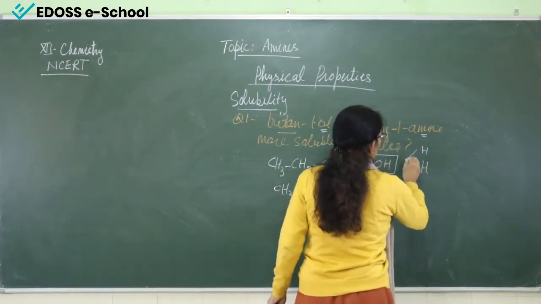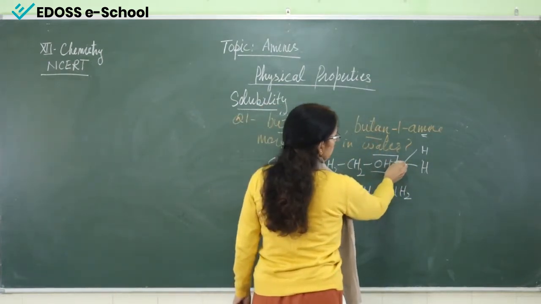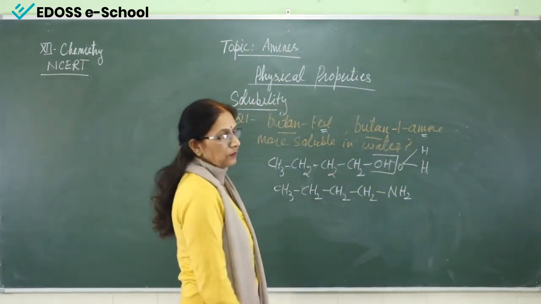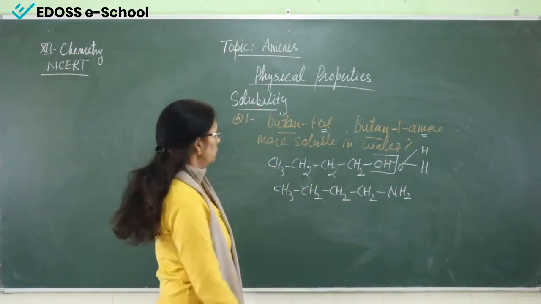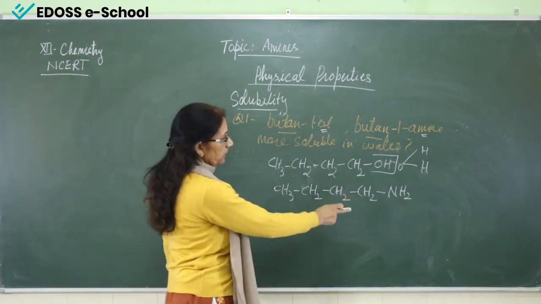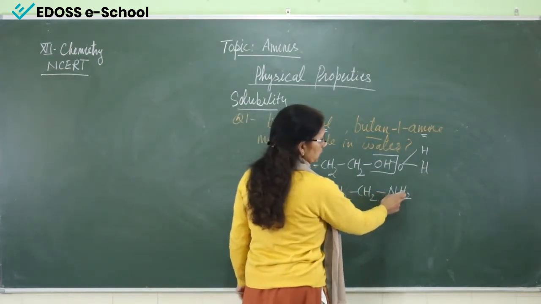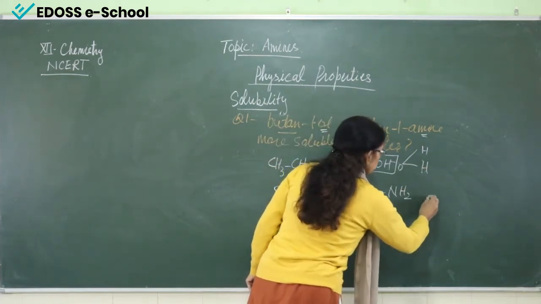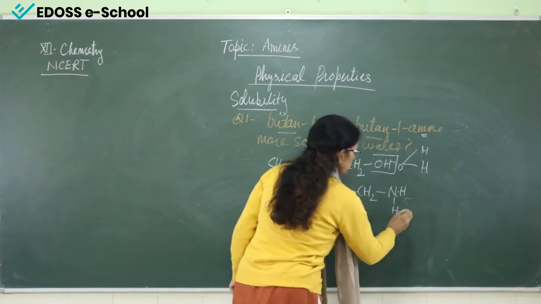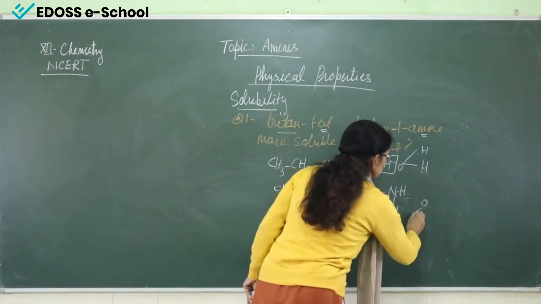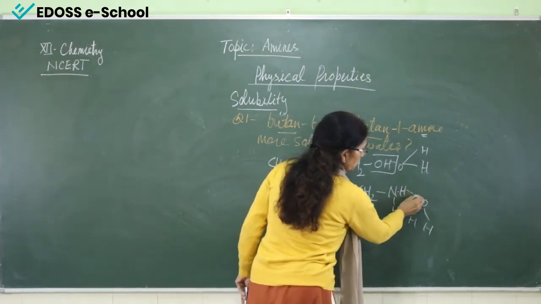This is a water molecule, so you can see hydrogen bond can be easily formed. But in this case, here also it can form hydrogen bond. This is one H and this is another H. Here also we can see hydrogen bond is formed.